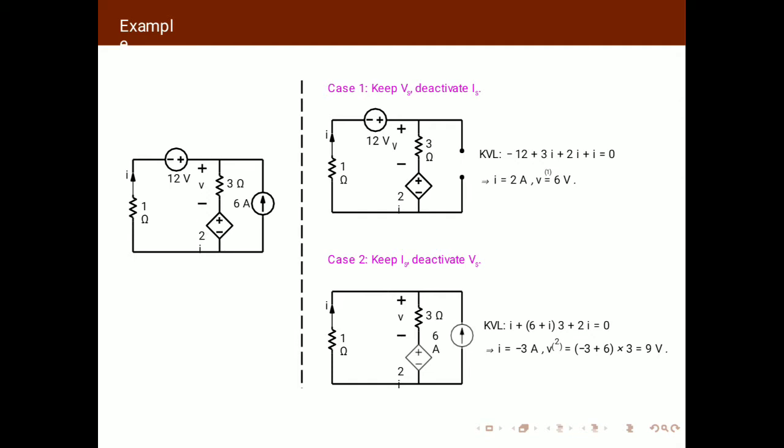The voltage drop in the 1 ohm is 1 into I. In the 3 ohms, the 6 amps and the I amps add, so it is written as 6 plus I into 3.